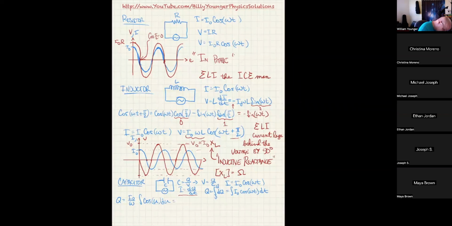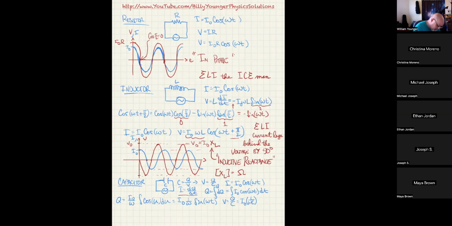So this is actually going to give me I0, and I'm writing it a different way for a reason. You'll see in a second. I0 times 1 over omega times the sine of omega t. So that's what the actual charge is. And of course, that means the voltage, which is Q over C, is going to be I0 times 1 over omega C times, now here's the neat part.